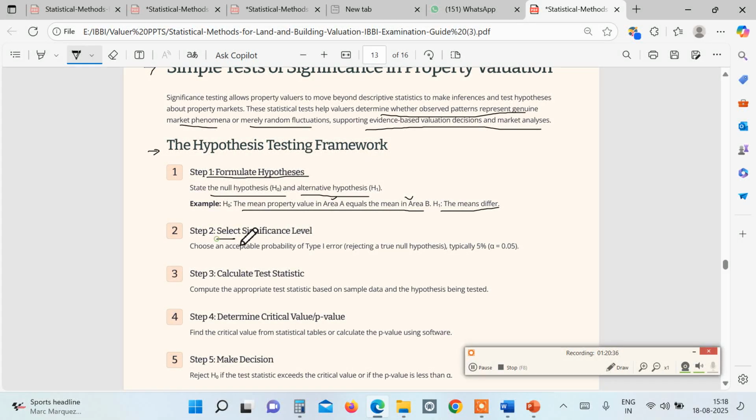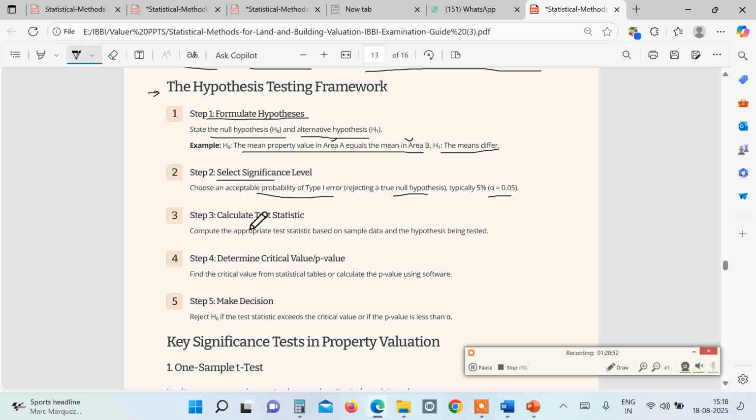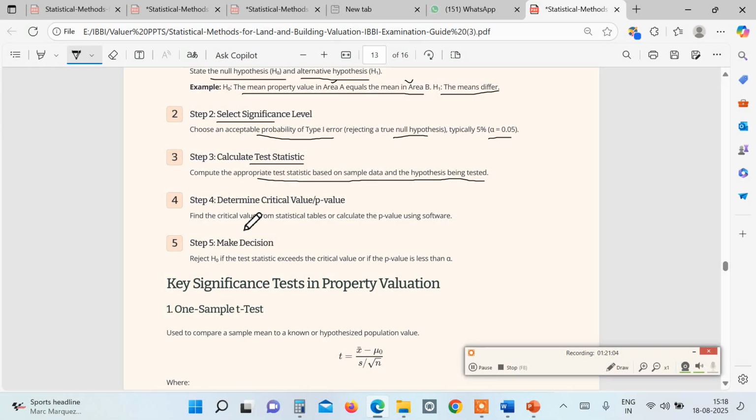Secondly, you choose the significance level, an acceptable probability of type 1 error, rejecting a true null hypothesis, typically 5%, or alpha equals 0.05. Then calculate the test statistic. Compute the appropriate statistic based upon the sample data and the hypotheses you have established to be tested.